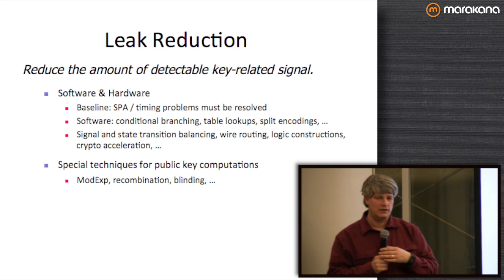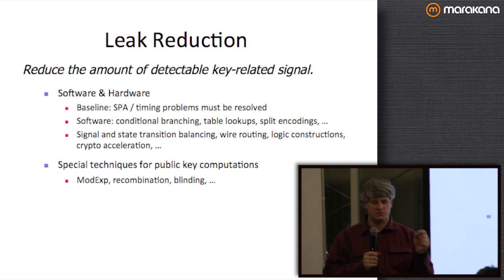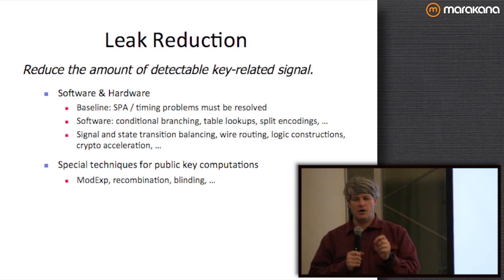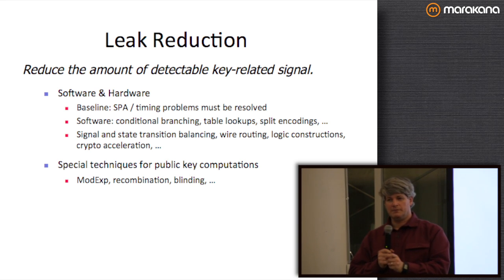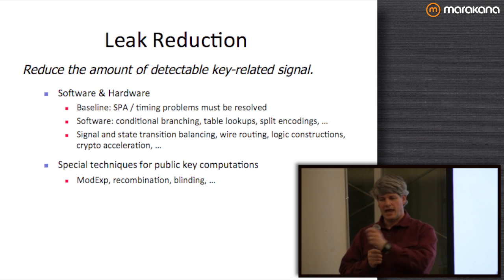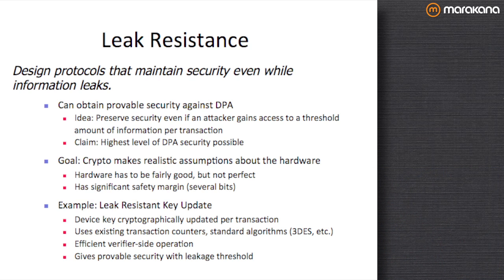If you're doing, remember the RSA one where it says, well, if it's a 1-bit, then also do the multiply. What you can do is you can always do the multiply and then just XOR it in and XOR the complement of it in, and that will generate some additional noise.